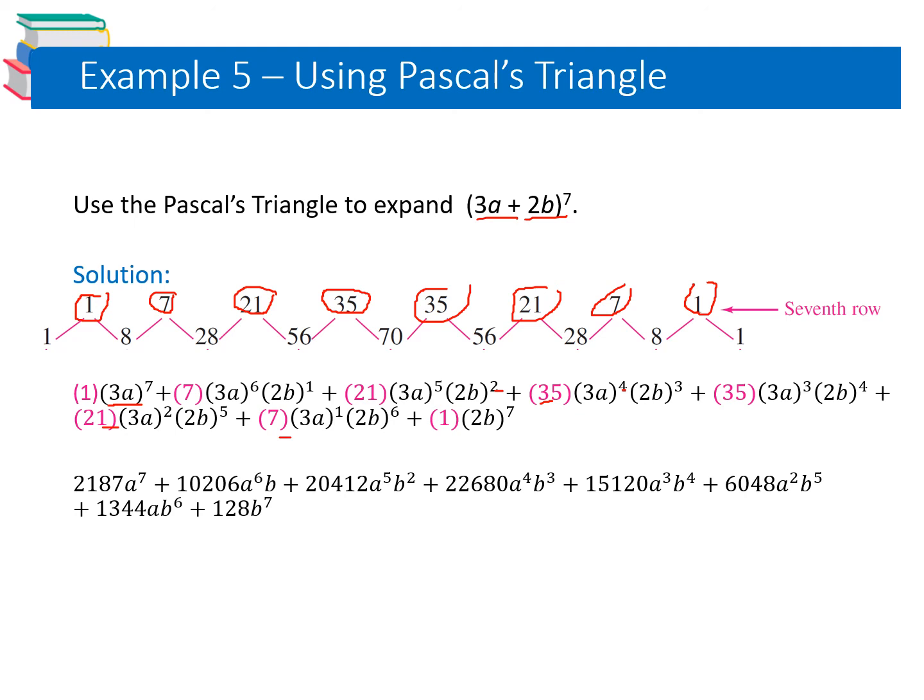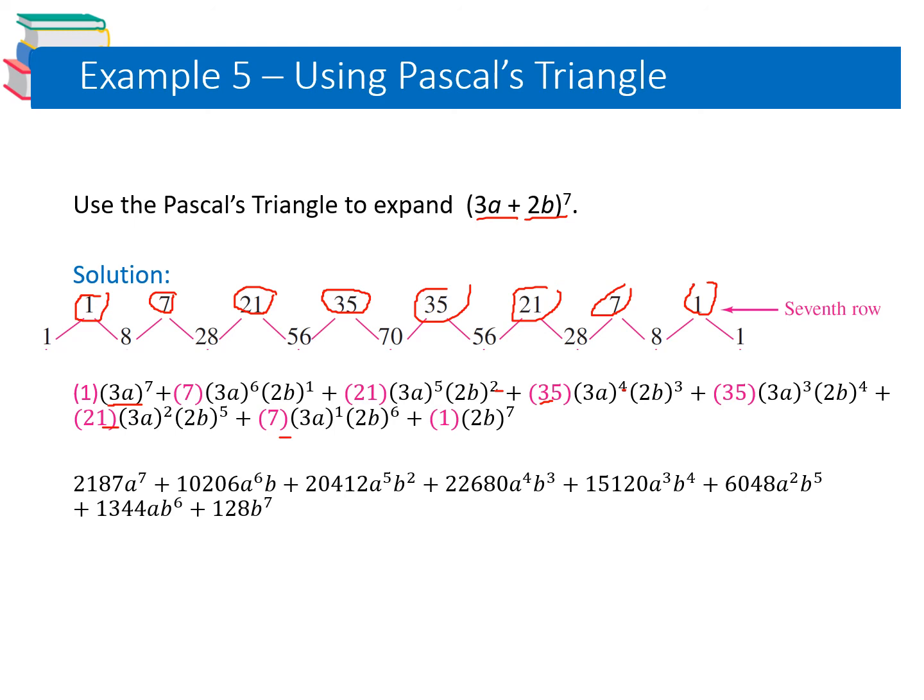Then 35 times 3 raised to 4 times 2 raised to 3 is 22,680 a raised to 4 b raised to 3. Then 35 times 3 raised to 3 times 2 raised to 4 is 15,120 a raised to 3 b raised to 4. Then 21 times 3 raised to 2 times 2 raised to 5, it is 6,048 a raised to 2 b raised to 5.